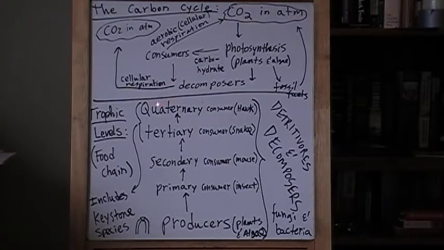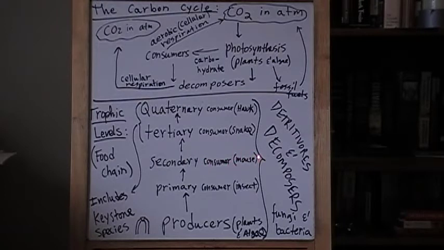Next topic is the food chain, or trophic levels. So the food chain begins with the producers, the plants and algae that are doing photosynthesis, and those of course are consumed by primary consumers, which could be insects or other things, and then those are consumed by secondary consumers.